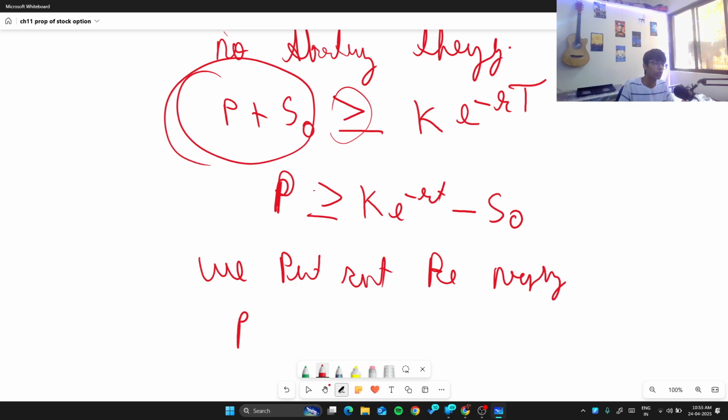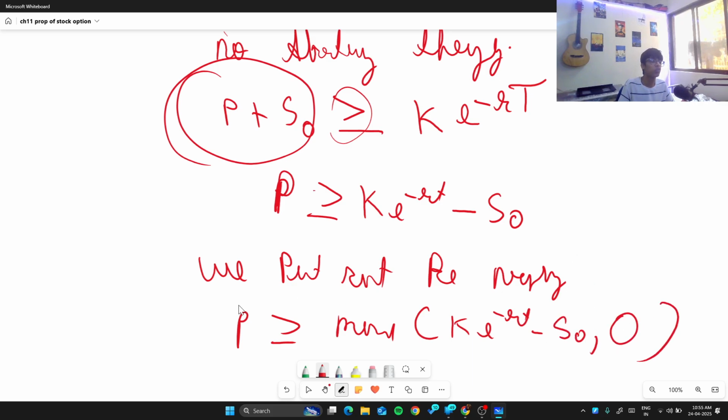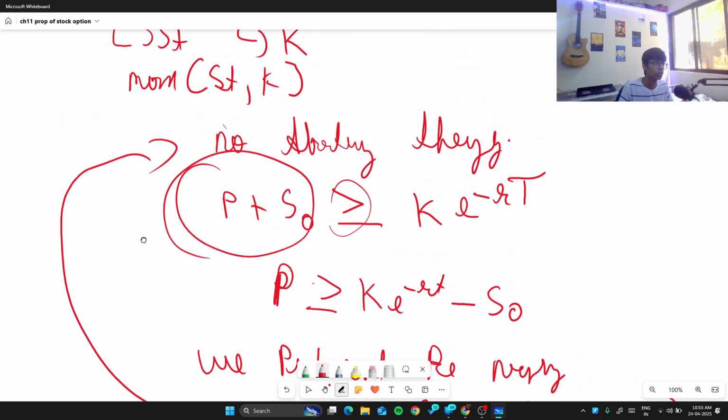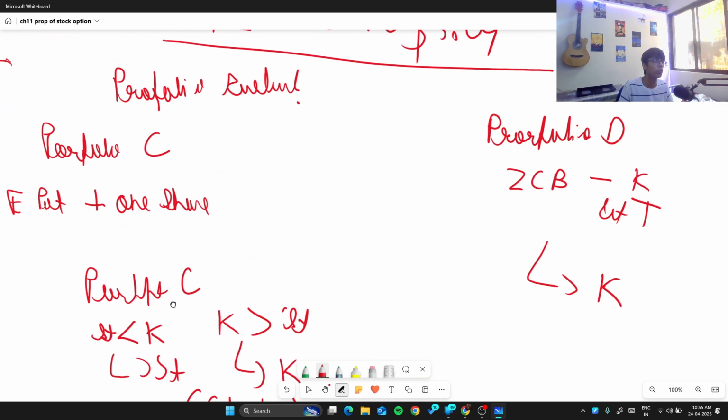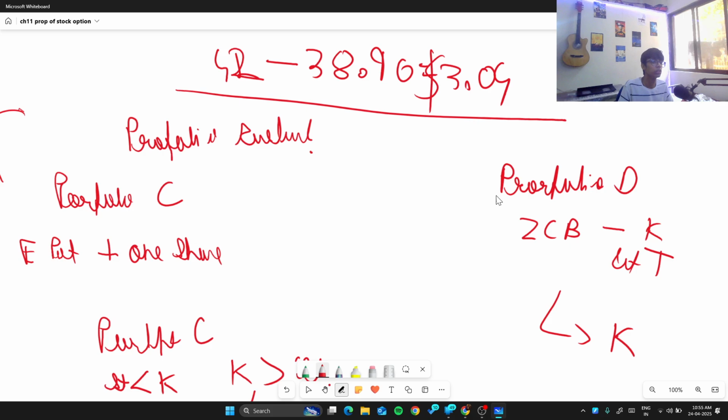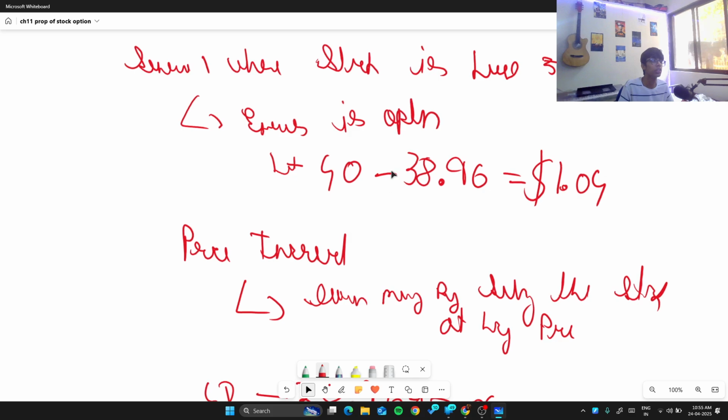So the value of put will be the maximum of zero and K e to the power minus RT minus S0. That gives us the formula for valuation of put, and that's how simple it is.